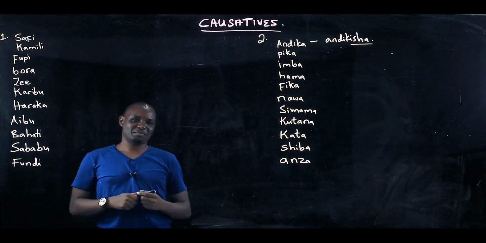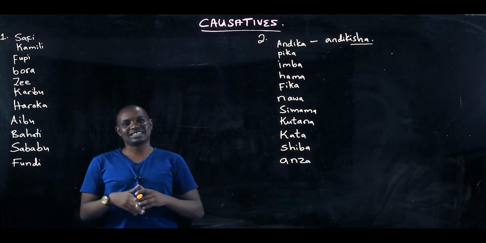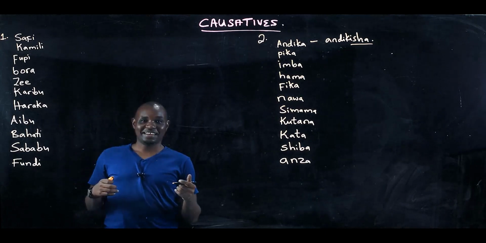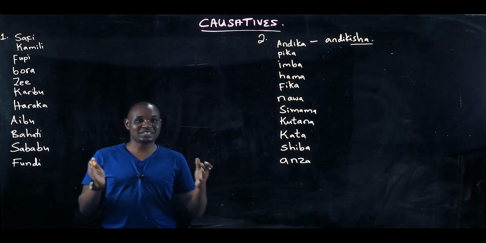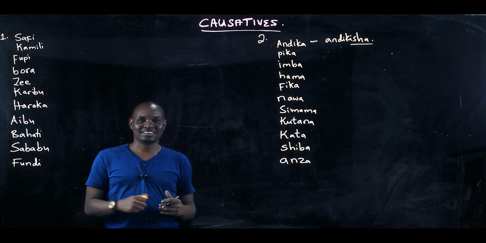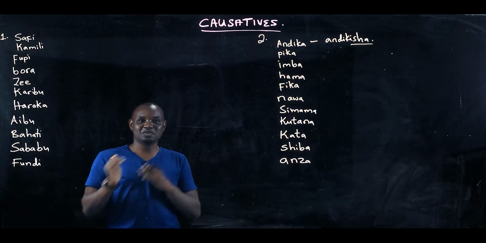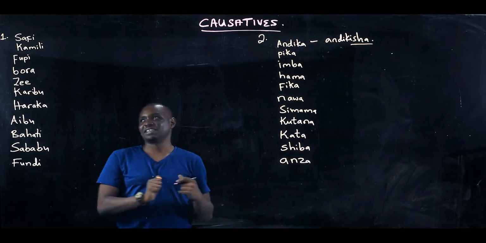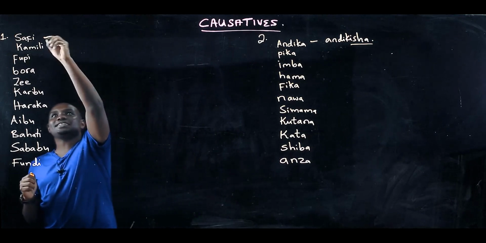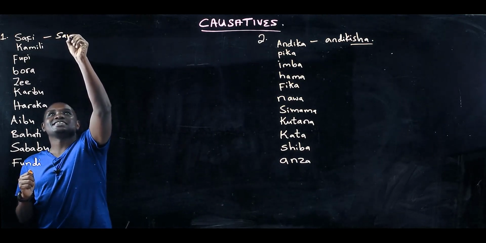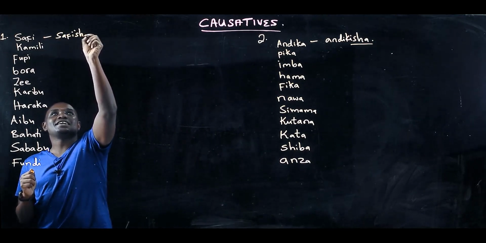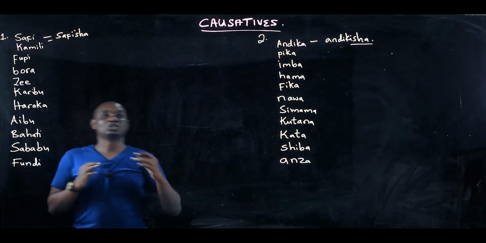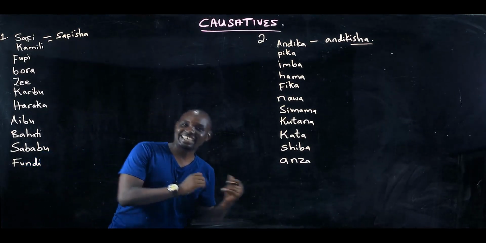What is safi, for example? You know safi. Safi is clean. Like the house is clean. Nyumba ni safi. The house is clean. But if you put SHA there, safisha is the verb to clean.